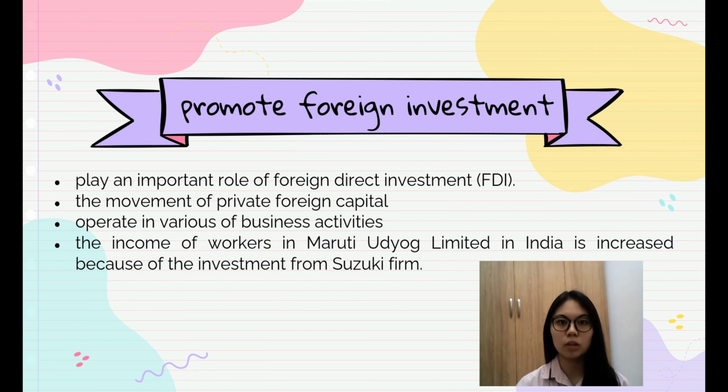MNCs play an important role in FDI as it involves the movement of private foreign capital and operates in various business activities in different countries. For example, the income of workers in Maruti Udyog Limited in India increased because of the investment from the Japanese multinational Suzuki. So many employees are employed by them, as India acts as the supplier of intermediate goods to Maruti Udyog.